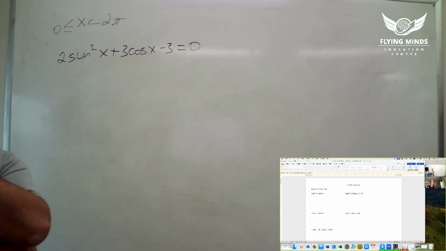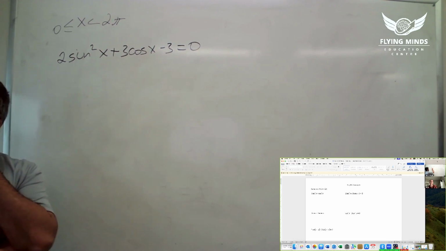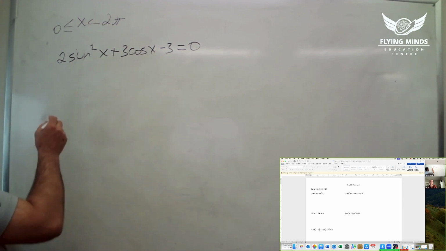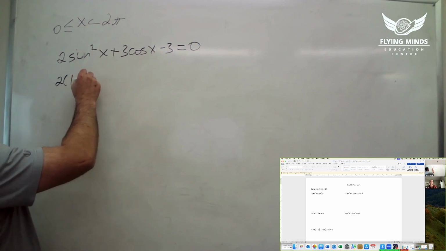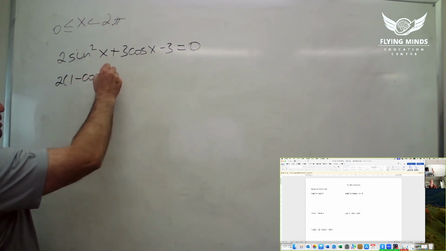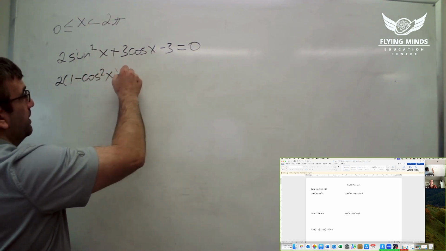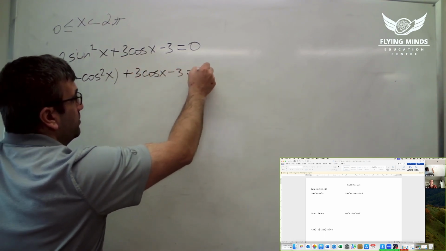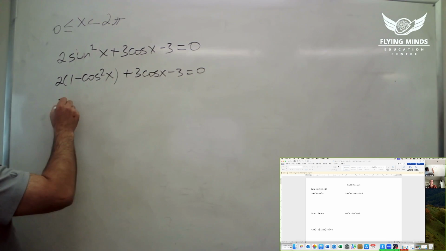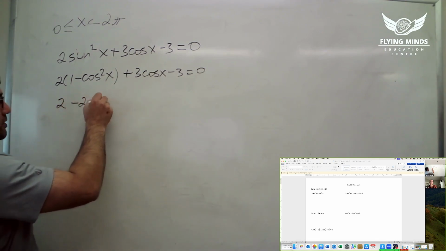Okay, so what can we do here? What do you think? 1 minus cos squared x instead of sine squared x? That's right. Okay, and then multiply by 2, so we open brackets, plus 3 cosine x minus 3 equals to 0, and we open brackets, minus 2 cosine squared x.